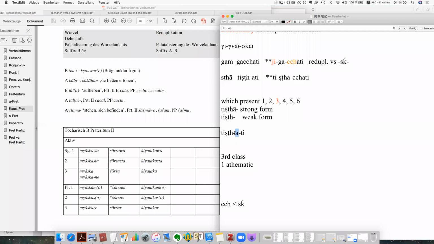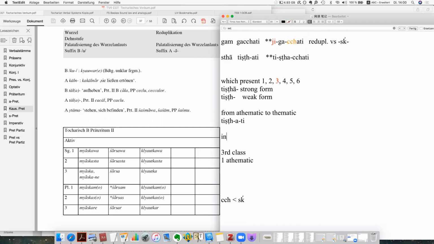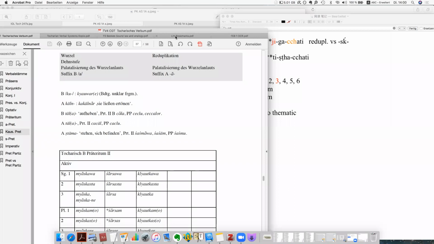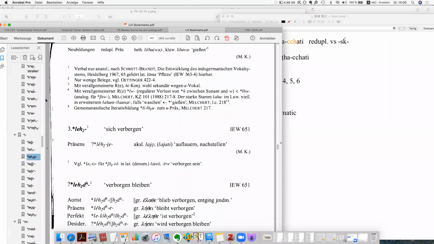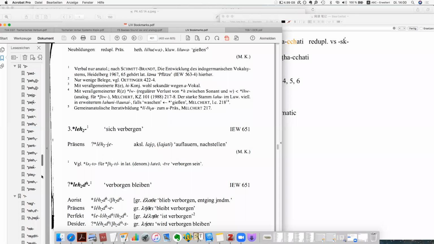So they put a thematic vowel to make it from asematic to sematic. Yes, this is what happened in Sanskrit, but in Greek it is true, because in Greek it's called histemi. If we check the Greek form, it's called histemi, right?